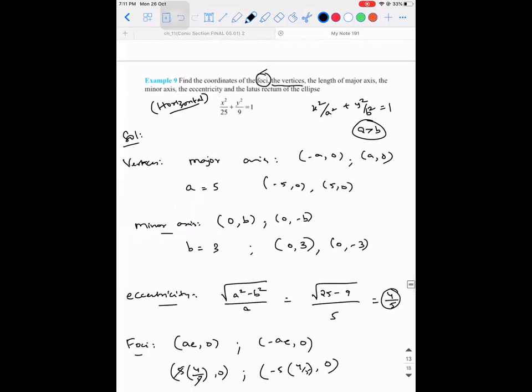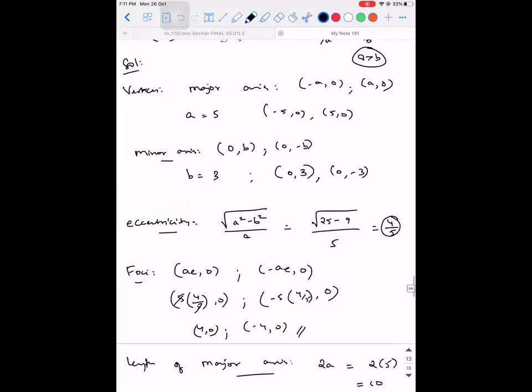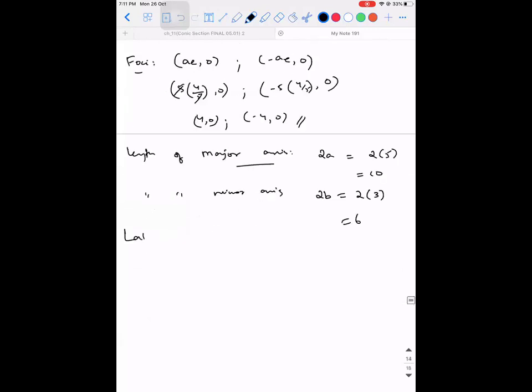So what all have we found? We have found the foci, vertices, length of major axis, length of minor axis, and the eccentricity also. So what is the latus rectum, guys? It is 2b squared by a. So 2 into b squared, which is 9, and a is 5. 18 by 5 units is the answer.